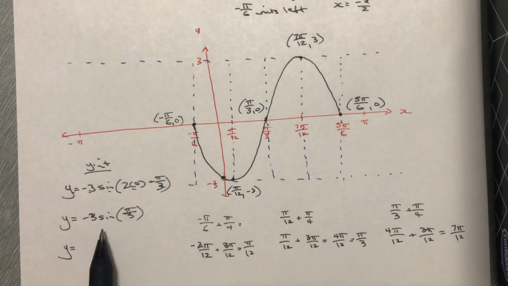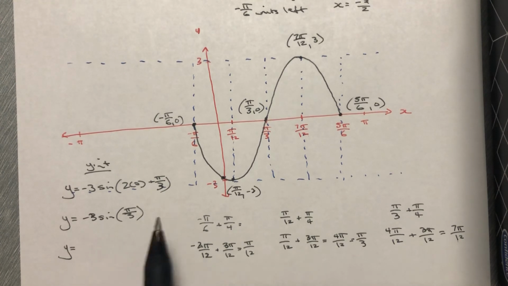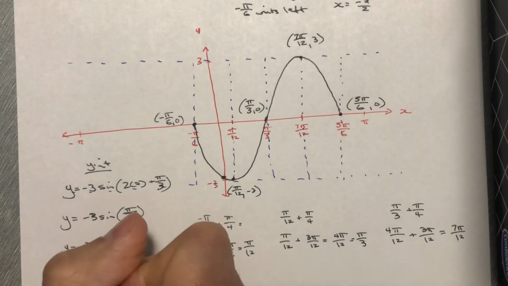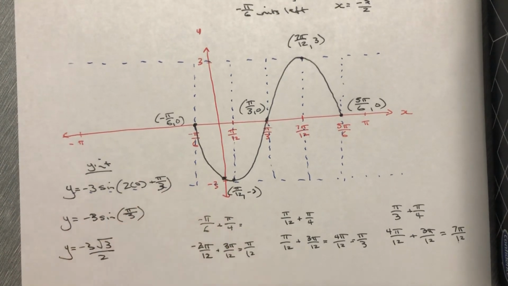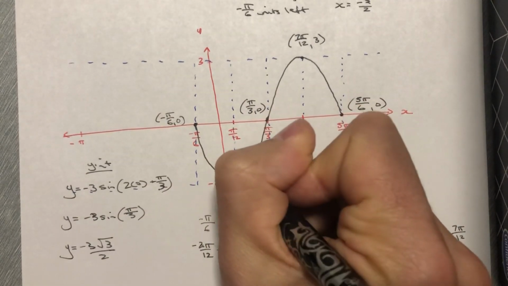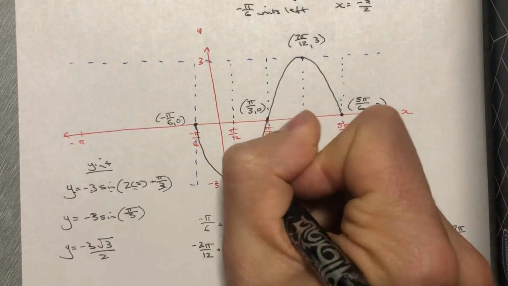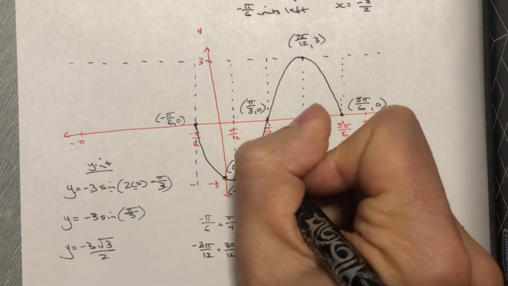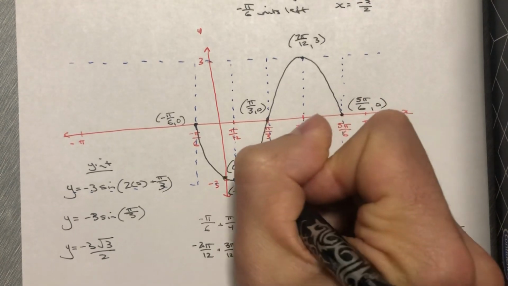So hopefully we can recall that sine pi on 3 is root 3 on 2. So that's our y-intercept. So this point here is where x is 0 and y is negative 3 root 3 on 2.